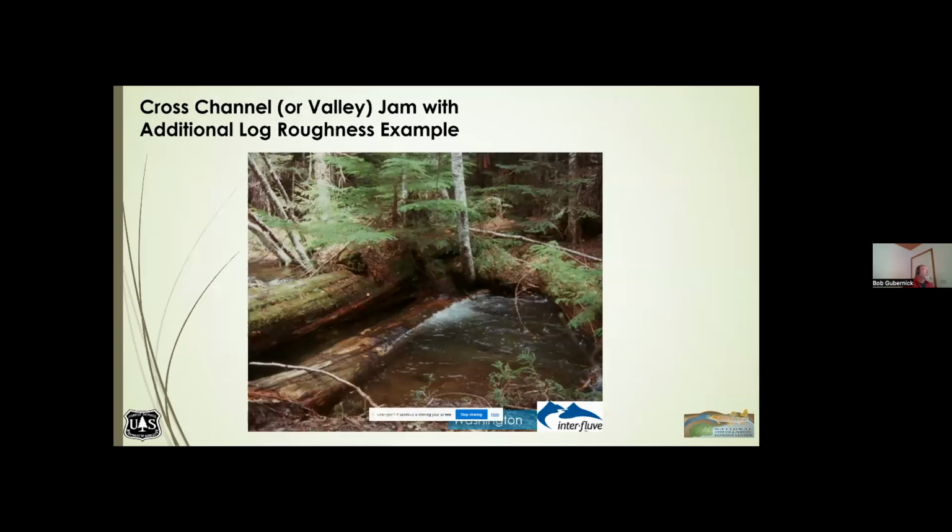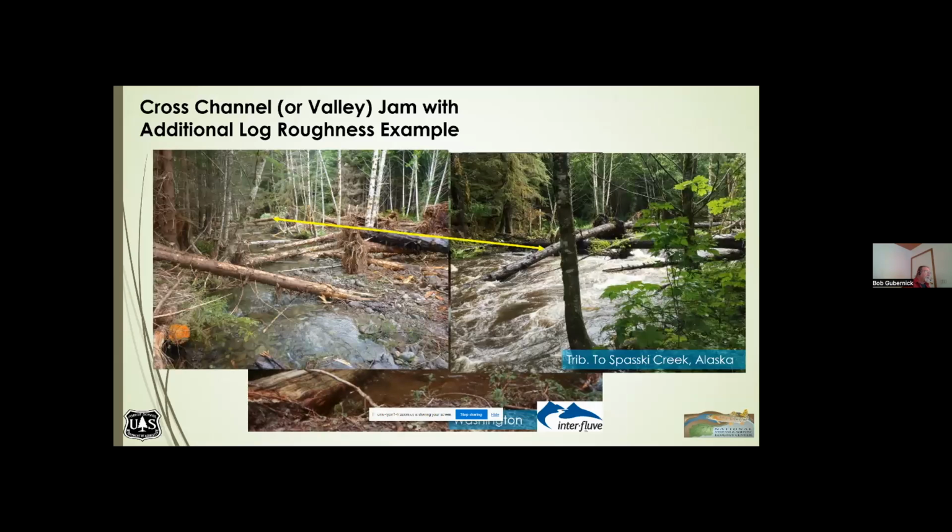So here we see some old wood in the channel, essentially forming a cross-channel jam. You have one that the water flows over most of the time, the one down in the bed, and you can see another log that's up above that's suspended on the bank. We do the same thing when we build these. Here's another image of wood going across the channel, many pieces being placed in a reach with a downstream cross-channel jam.